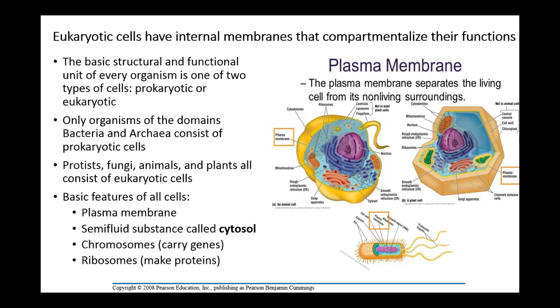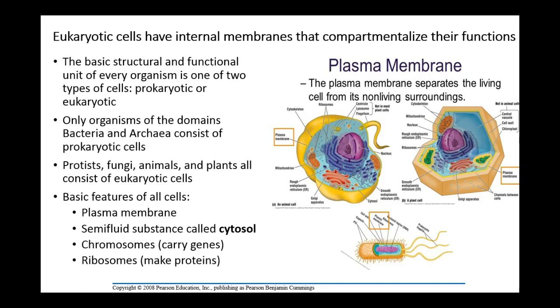Some features of cells: you have your plasma membrane, so your cell membrane. You have a fluid substance within the cell, which we call the cytosol. You have chromosomes, because we have to have some sort of way to pass our information, whether we're bacteria, fungi, or animal, off to our offspring. So we have to have a way to reproduce ourselves, and that has to be organized in some sort of information fashion, which is chromosomes.